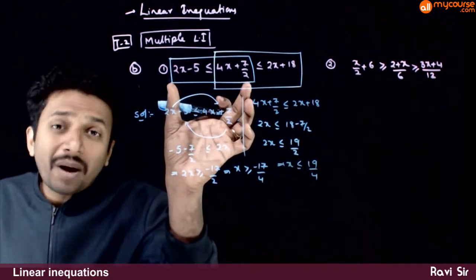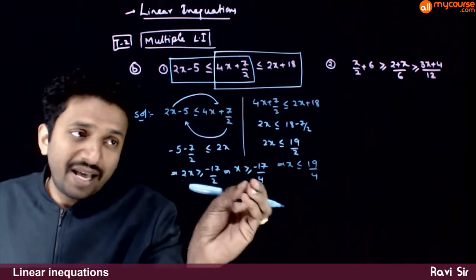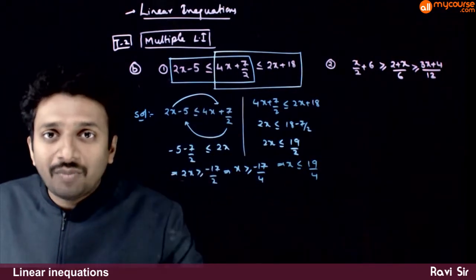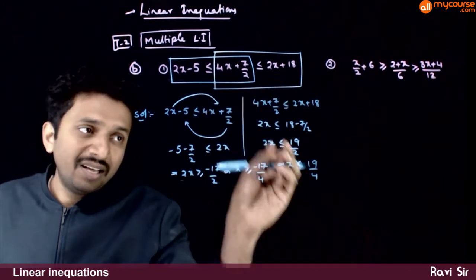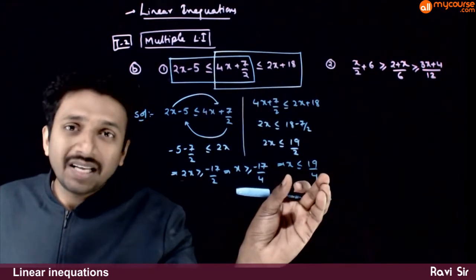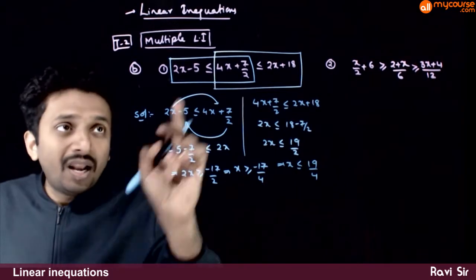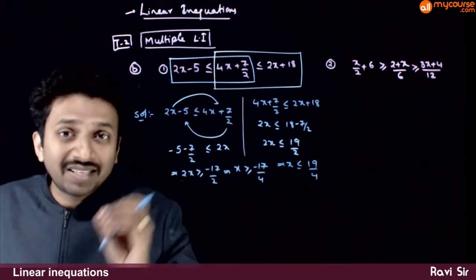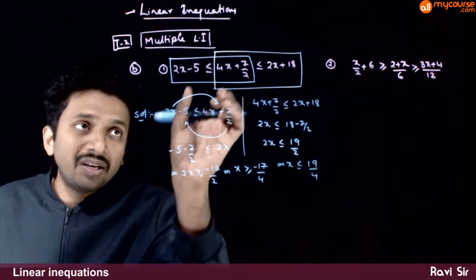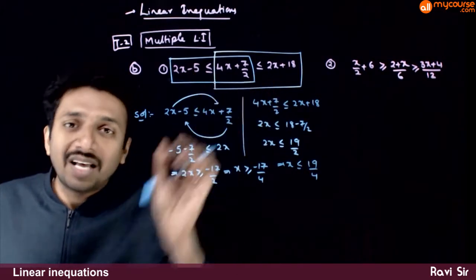So if this part of the inequality has to get satisfied, x has to be greater than or equal to minus 17 by 4. For this part to be valid, x should be less than or equal to 19 by 4. Now I want both of these sides to be valid. This is a simultaneous linear inequation in which this has to happen and this has to happen.